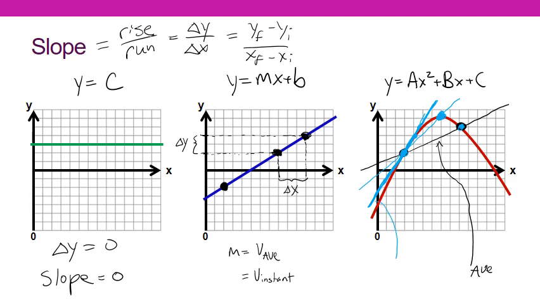Now, this then gives us our instantaneous value. So if we have a quadratic graph, we have to do this moving the points closer and closer together to get our instantaneous value, or we have to look at some other method to get the instantaneous value. Now, to do this requires some advanced mathematics.